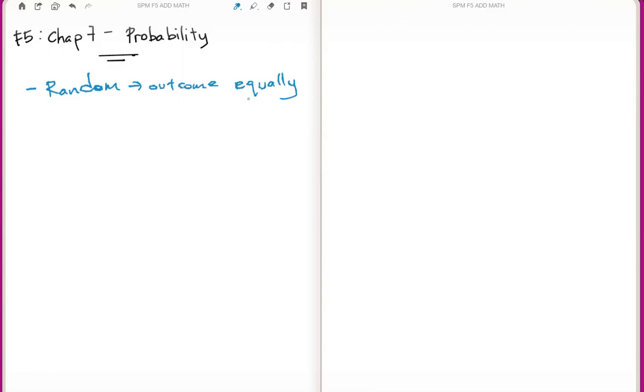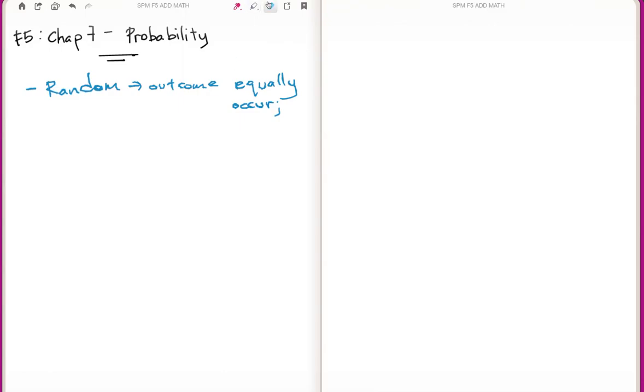The possibility that each will occur is equal. It is not biased to certain criteria. Say you want to roll a dice, the outcome for getting 3. If the dice is fair, I mean random, the possibility is 1/6.